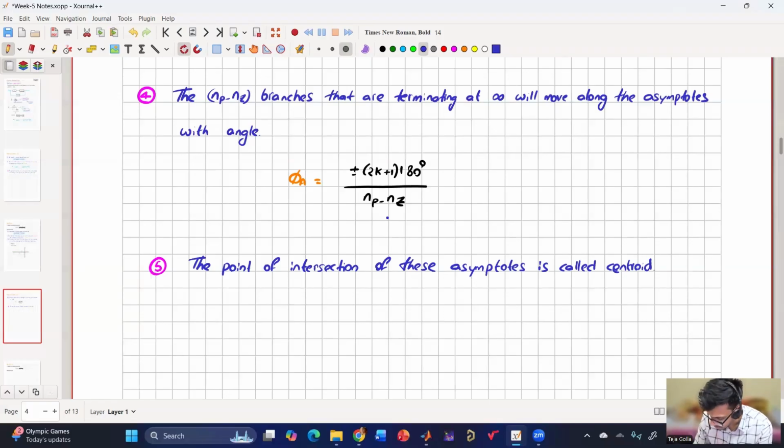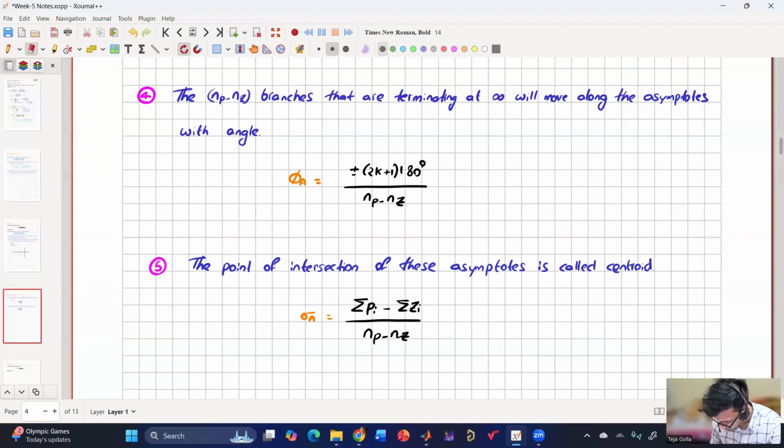The centroid is defined as sigma A, which is given by the summation of all the poles minus the summation of all the zeros, by number of poles minus number of zeros. So very simple.